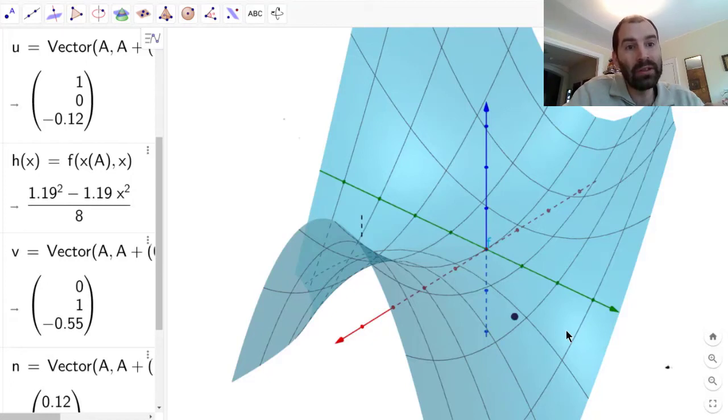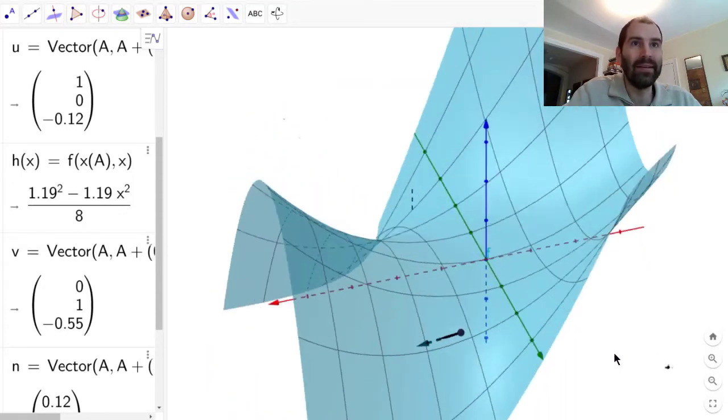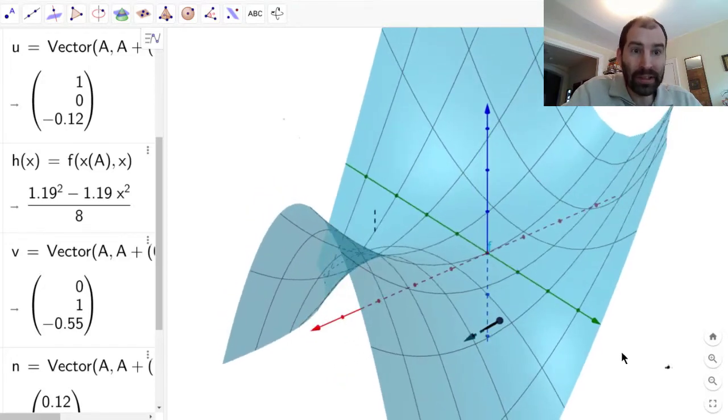So what we can do here is try to find a vector that's tangent in the x direction. So there we have one right there. Now how do I get that? How do I find that mathematically? Well, this is why we were just talking about the single variable case. We know that if we just take its x component to be 1, then its z component will be the derivative of the function.